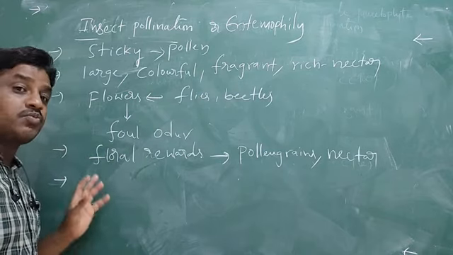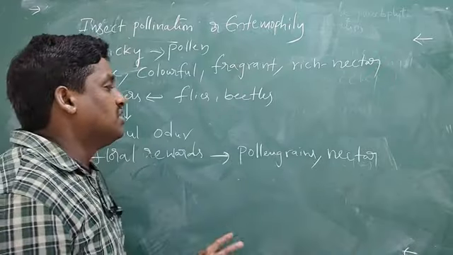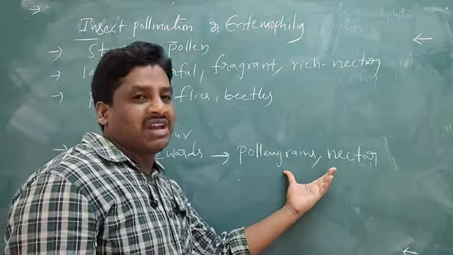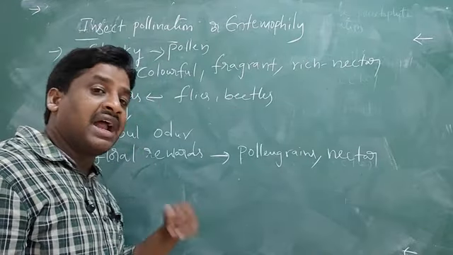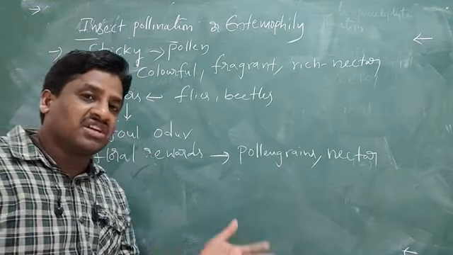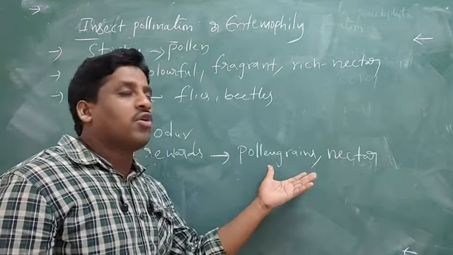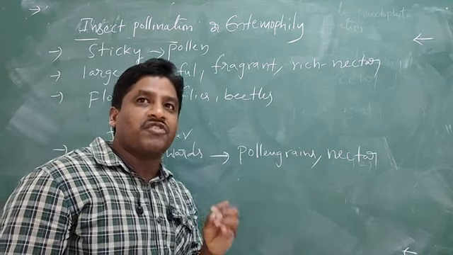And some of the flowers provide floral rewards such as pollen grains and nectar. So these are the main usual floral rewards. Okay, these are the insect pollinated flowers. And pollination can also occur through animals. How? These floral rewards are harvested from the flowering plants.